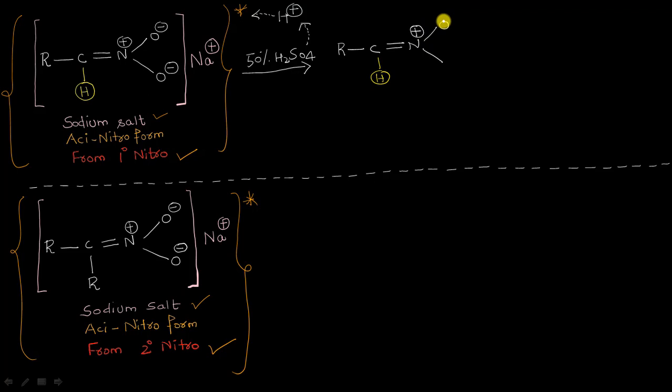This negative oxygen will take that H positive ion from the sulfuric acid such that it will now become OH here. In the same way, this will also become OH on this side.